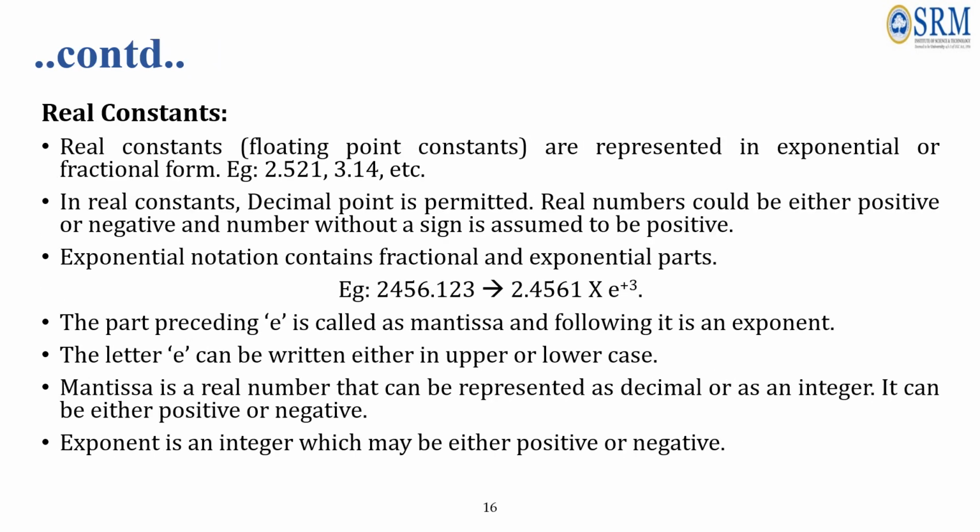Now coming to real constants. A real constant is nothing but a floating point constant. Usually when we are dealing with values related to length, height or weight, they cannot be represented using only integer constants.